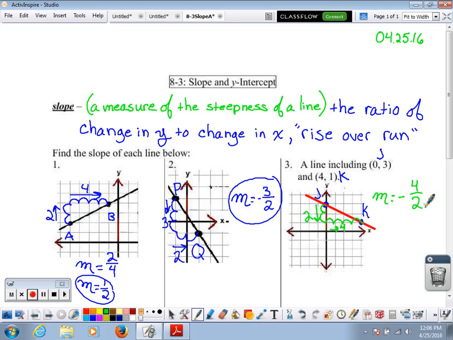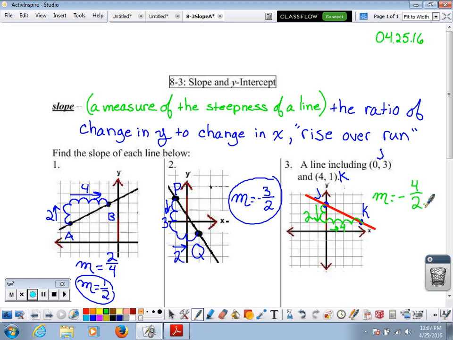What did Ryan give us, B? Improper, which is fine. Improper fractions are fine. But what did Ryan do? Something about this isn't correct. He did the change in x over change in y. You gave me the 4 over the 2.